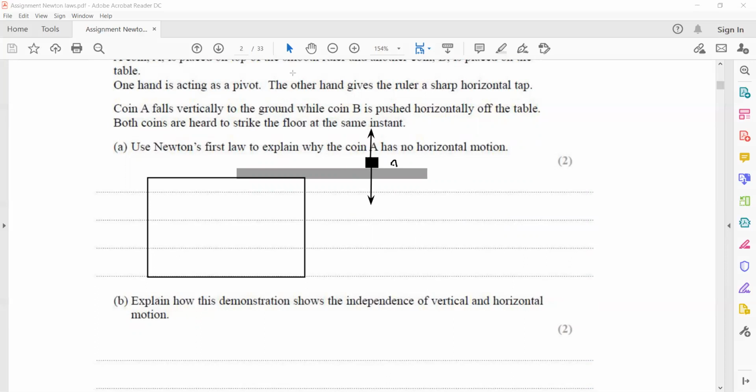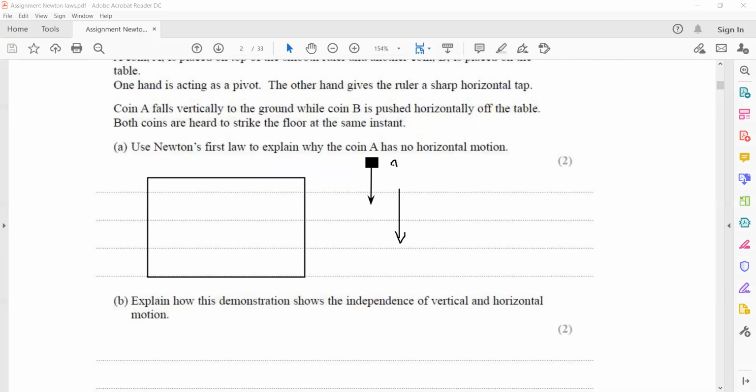And the moment when we remove this scale or ruler, now there is no upward force because it's not in contact, so only the downward force is there. That's why it moves vertically, there is no horizontal motion.